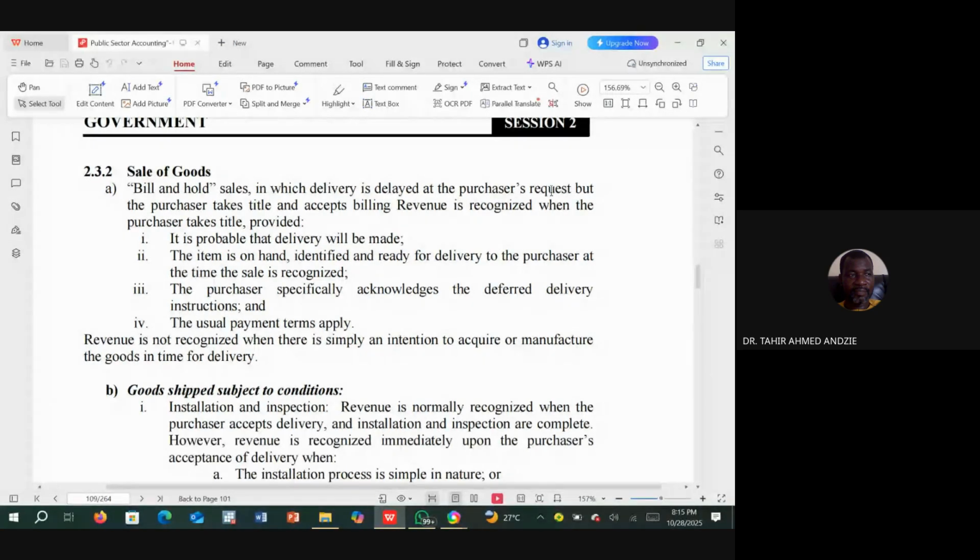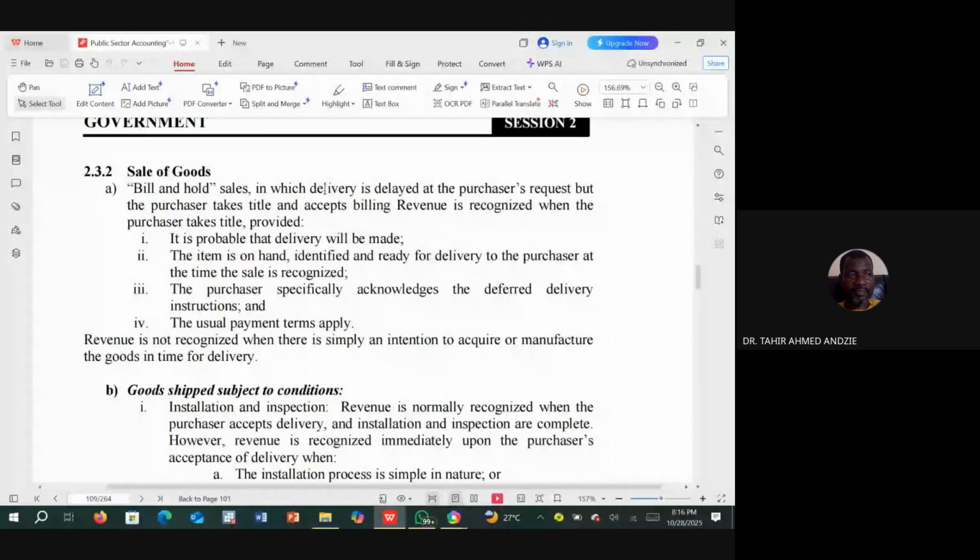It is the customer who has come to buy the thing. You have billed them and they said they will come for it, say in 2 weeks' time. So you have made your sales, but the customer says that he will come for it in a week's time. So the delay is from the point of view of the purchaser.